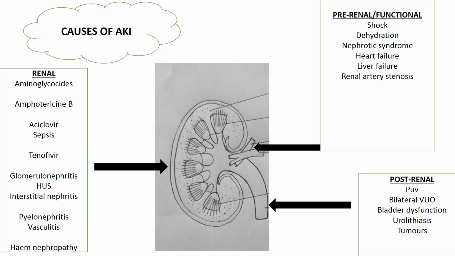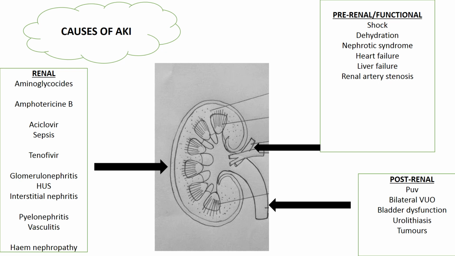So you have things like shock, all kinds of shock, hypovolemic shock, neurogenic shock, septic shock, that's associated with reduced perfusion of the kidneys, dehydration, patients with reduced effective blood volumes, patients with nephrotic syndrome, patients that have heart failure, patients with liver failure, or indeed reduction in perfusion of the kidneys associated with changes to the renal vessels, situations like renal artery stenosis.